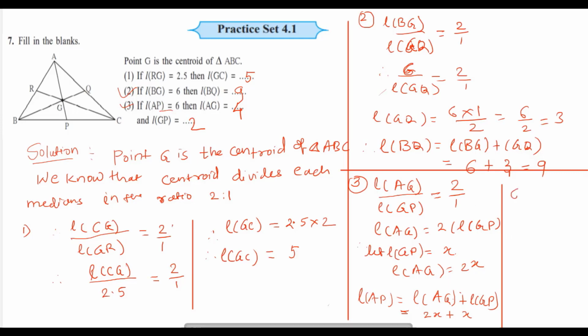Therefore, 6 is equal to 3x. x is equal to 6 upon 3, which is 2. Therefore, length AG is equal to 2 times 2, which is 4, and length GP is equal to 2. This is our required answer. AG is equal to 4 and GP is equal to 2.